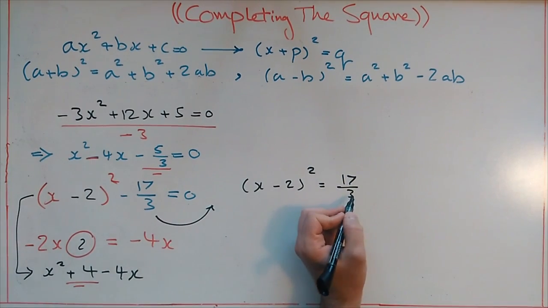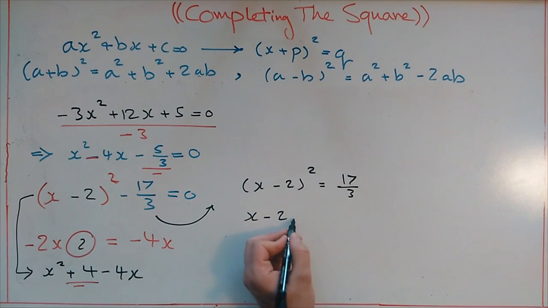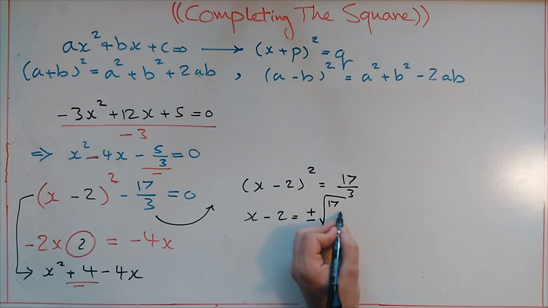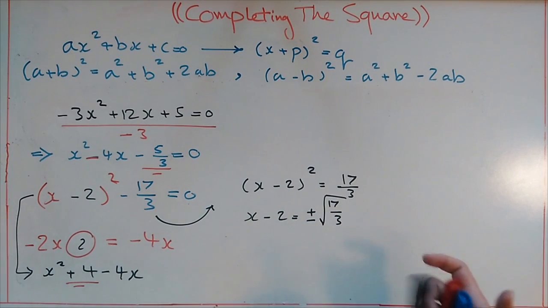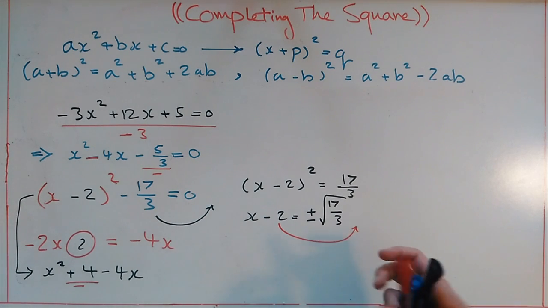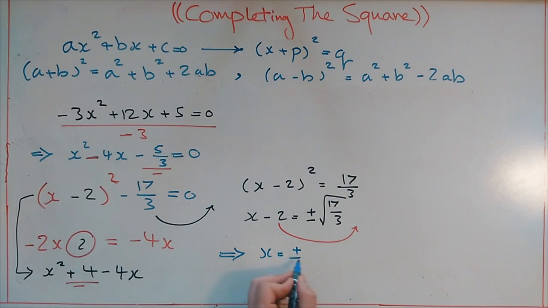I use my third rule. x minus 2 equals positive or negative square root of 17 over 3. I move the negative 2 to the other side. It will change to positive. As a result, x equals positive or negative square root of 17 over 3 plus 2.